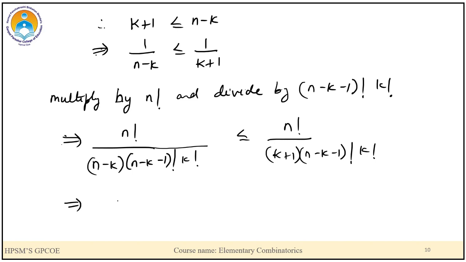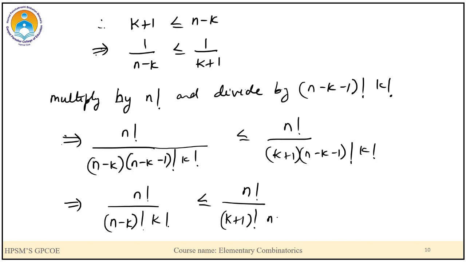On the left hand side in the denominator, if you notice, (n minus k) times (n minus k minus 1) factorial is simply (n minus k) factorial. And I have k factorial as it is in the denominator. On the right hand side, (k plus 1) times k factorial is (k plus 1) factorial.